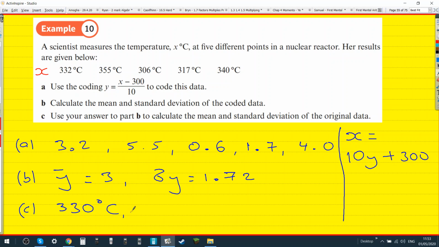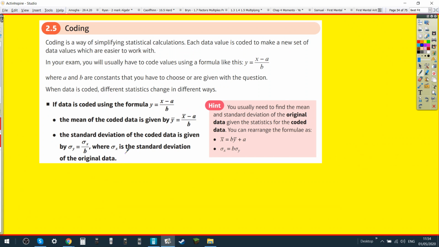And any idea what you do for standard deviation? Square root it? I think it's the same idea, times by 10 plus 300, so you're just undoing what you just did. However, I think you just times it by 10. That's because if you move it from left to right, it doesn't actually change how spread out it is.